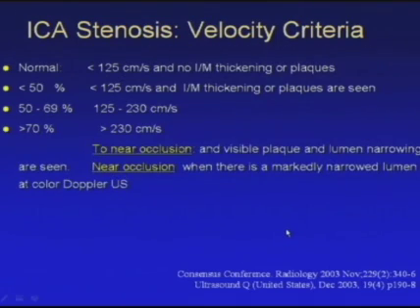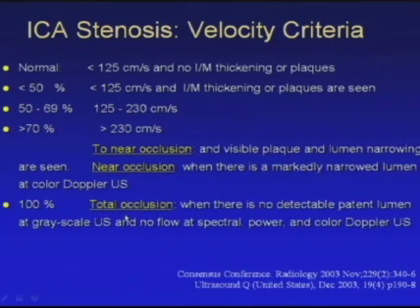We have one more condition here. If the visible plaque and lumen narrowing are present, we can use the expression near occlusion. But if the lumen is really markedly narrowed, in this case we use the expression near occlusion.